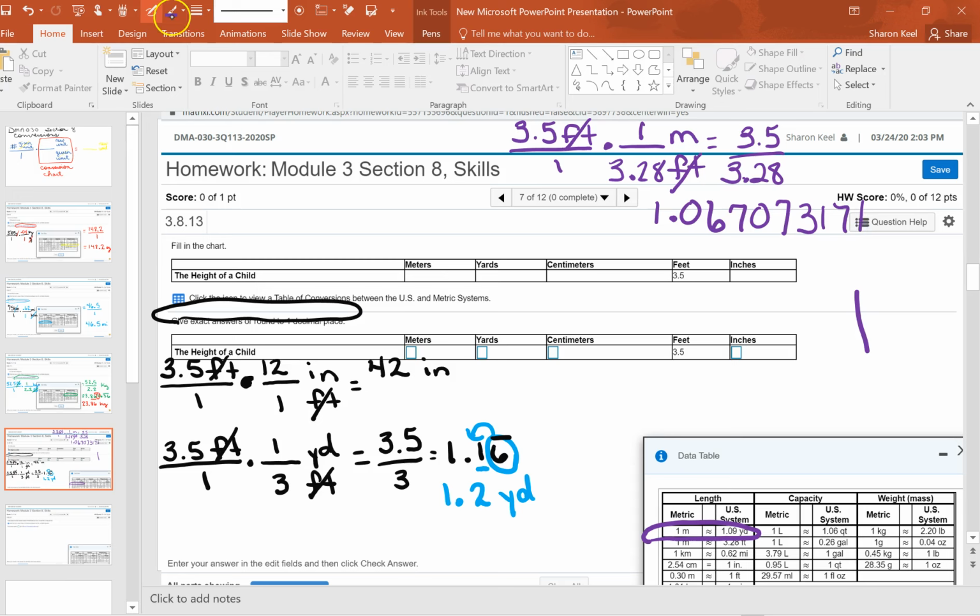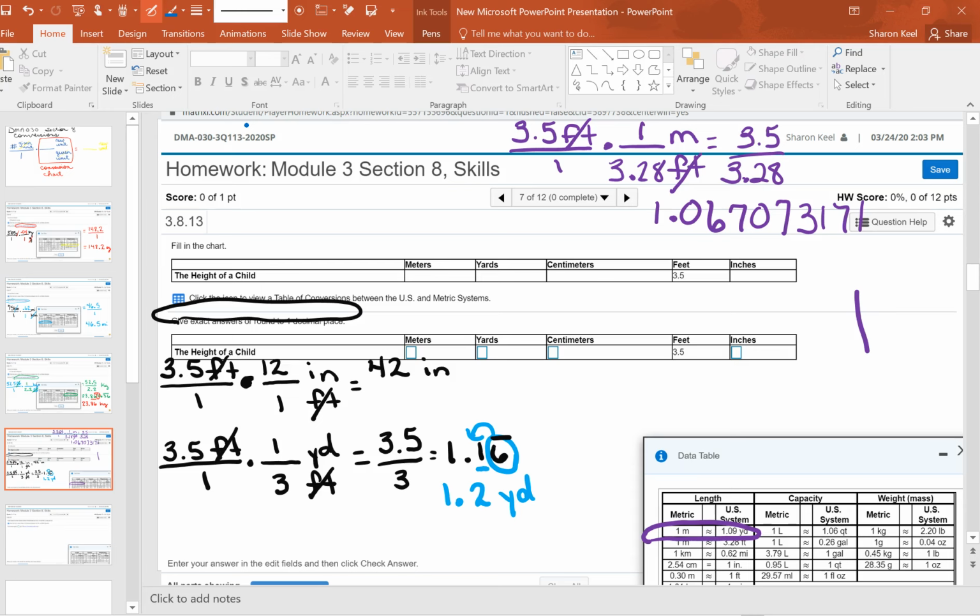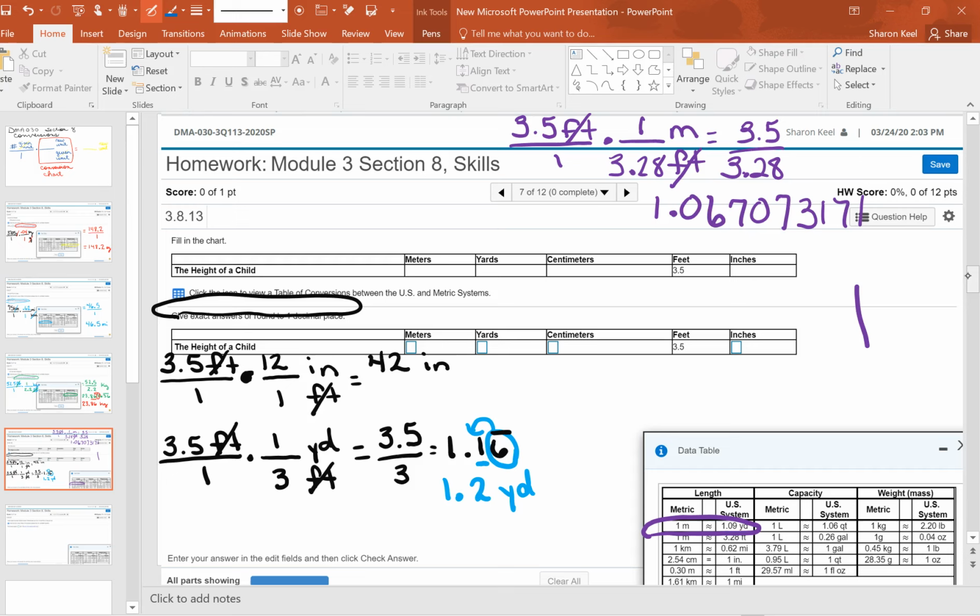Okay, so for the purposes of what we type in, they want us to round to 1 decimal place. So if we round to 1 decimal place, the 6 would make the 0 be 1.1 meters.